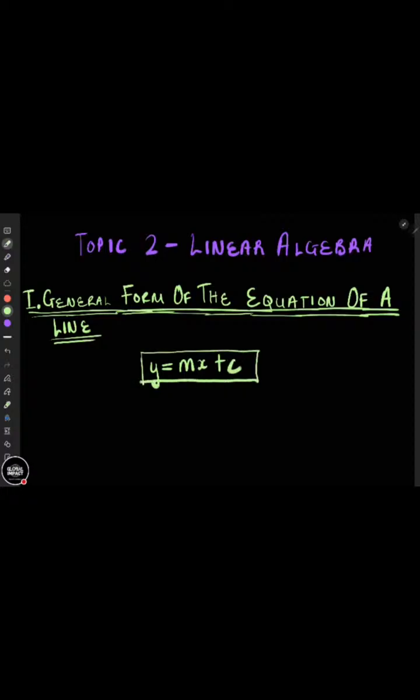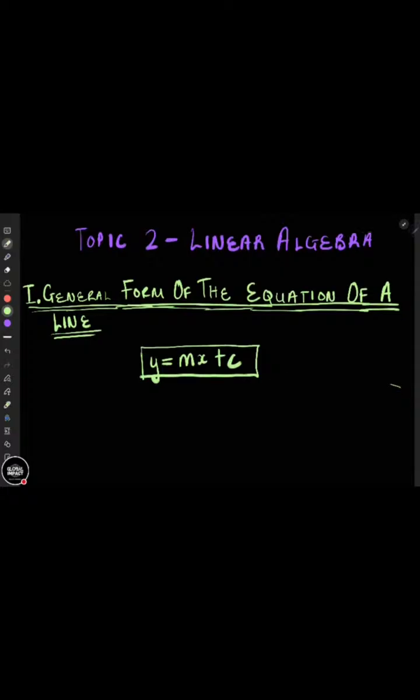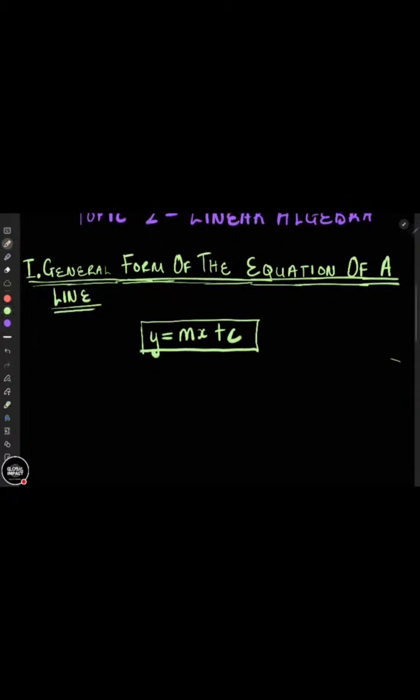I want you to look closely, because this statement is telling you something which will help you to solve. All lines are in this form. The equation of any line, if they tell you to make up the equation of the line, is going to be in the form y is mx plus c.